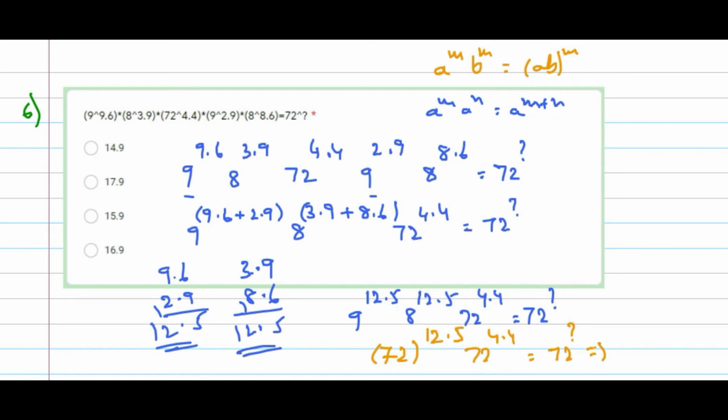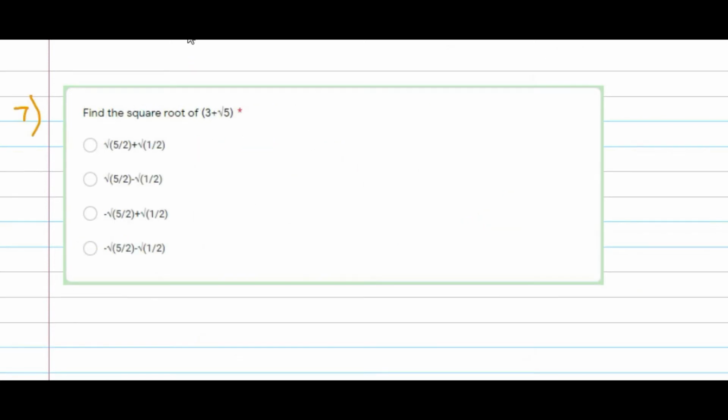So which implies, now according to the previous formula, 72 power 12.5 plus 4.4. So it is 16.9 is the answer. 16.9. So the last one is the answer. So let's move on to the next problem.